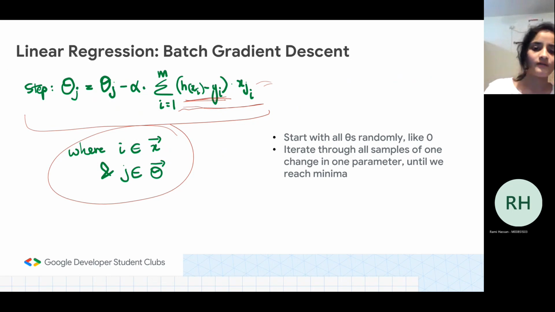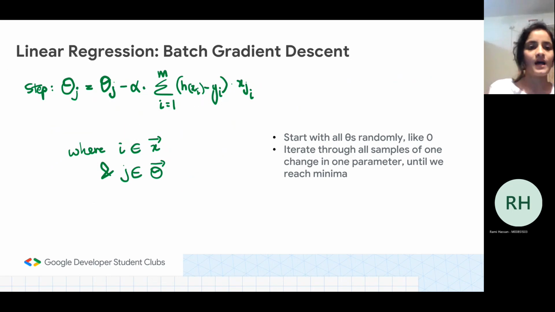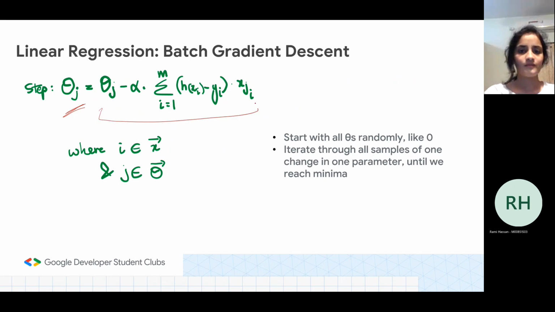So we have, let me say it again. Whatever theta j, we start off randomly. We just make it 0. And then slowly from that value of that parameter, we minus alpha times this derivative that we calculated. Okay, so this derivative is of the cost function.